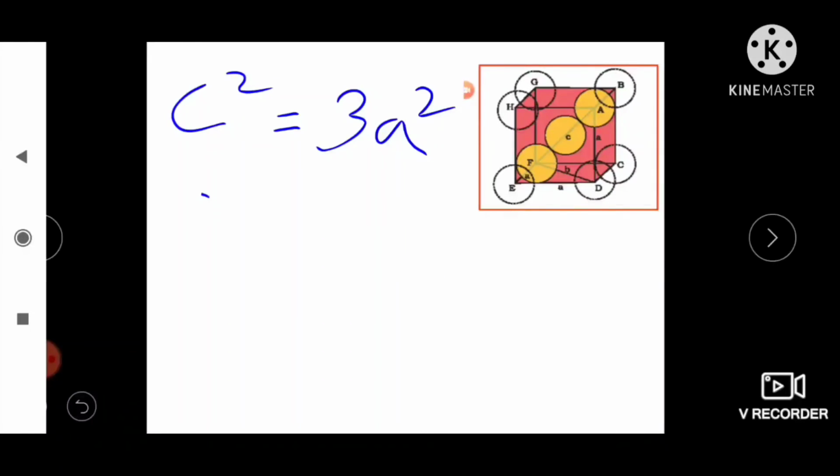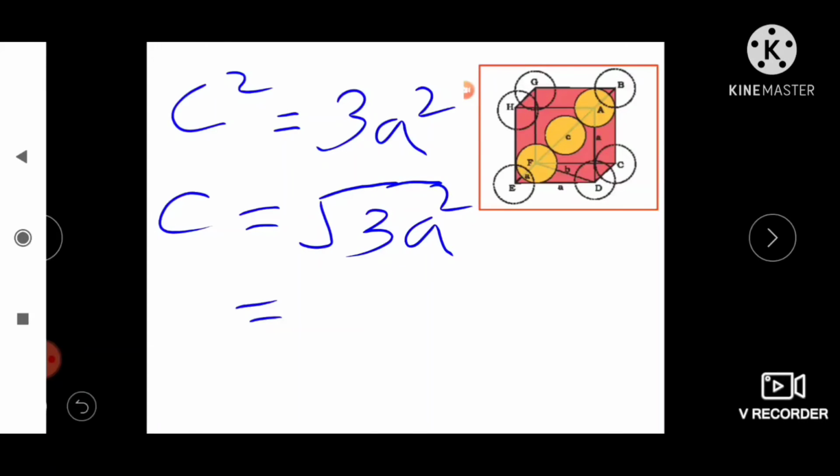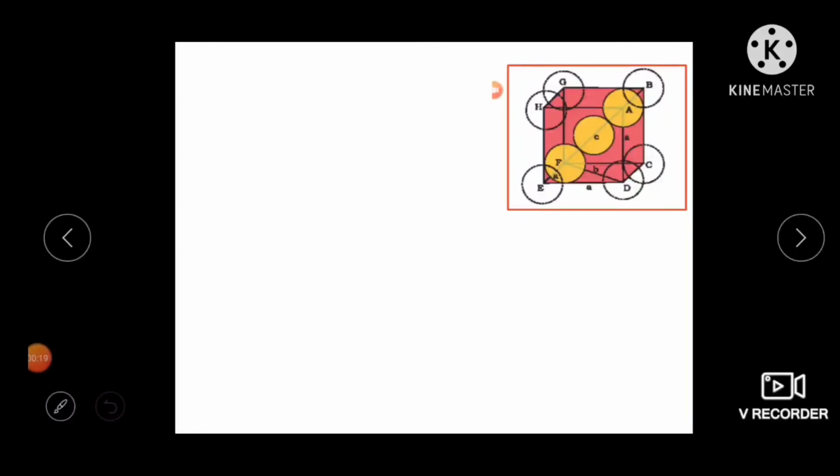Then c equals square root of 3a square. The square root of a square equals a. Thus we can write this equation as root 3 a. c is the body diagonal.